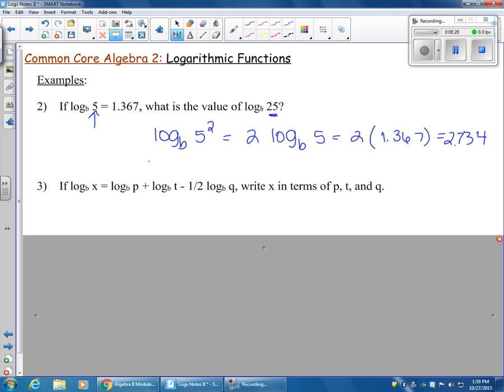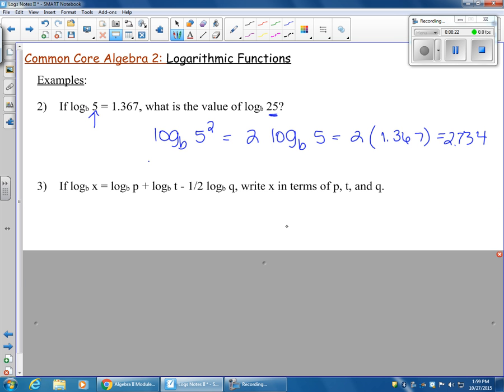For the next one, so this is going backwards. We started with, like here, we started with 5 squared and we expanded this out like we did on the other problems. In this case, it's already expanded and we're going to go back and pull it back together, okay? So you're going to use the rules backwards in a sense. So first thing we notice is the 1/2 is out in front. That's an exponent, so it's going to come back as an exponent. Plus is multiplication, minus is division.